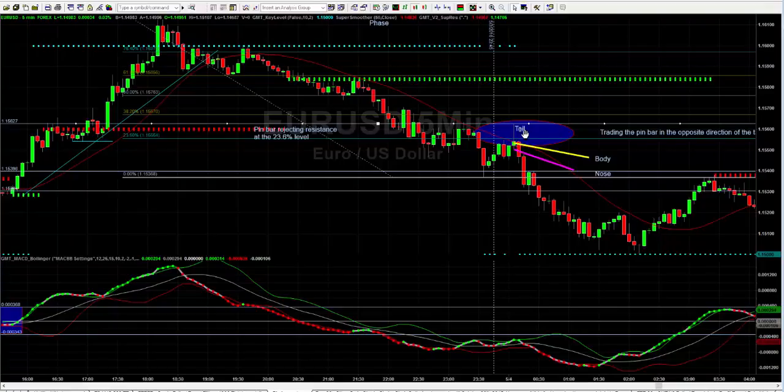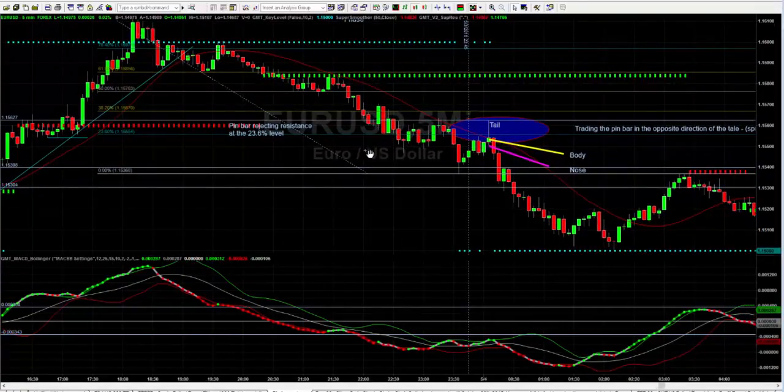We ended up having a failed bullish candle there, and then we get that pin bar setup. The pin bar setup is really a price action candle that allows us to look at the possibility of trading in the opposite direction of the tail, the spike.